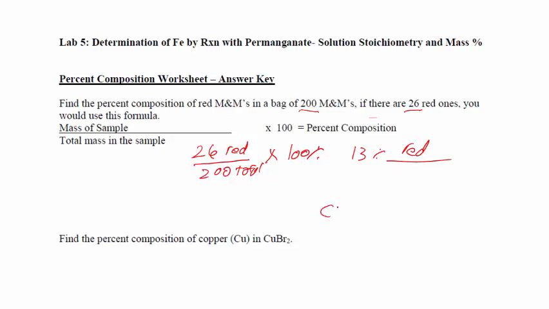So you have copper, which is 63.55 grams per mole.